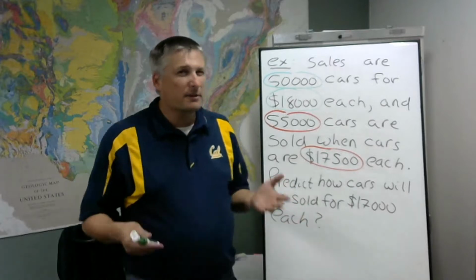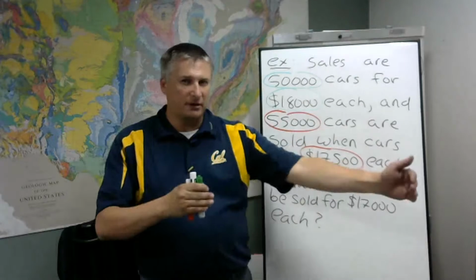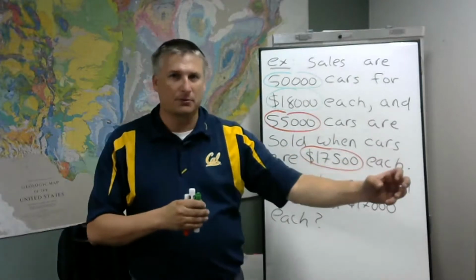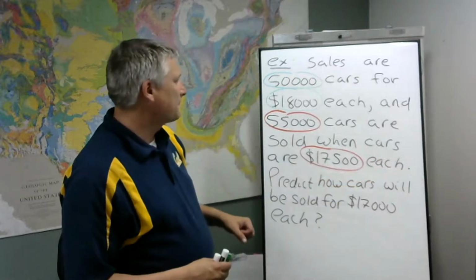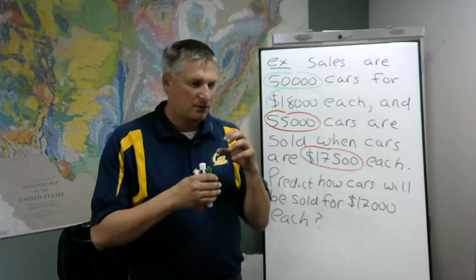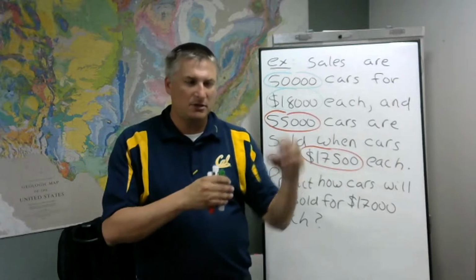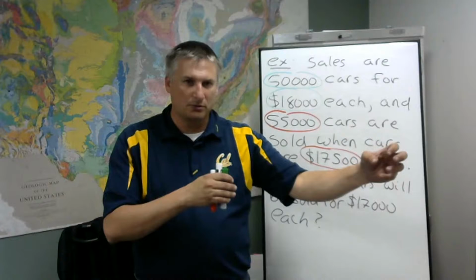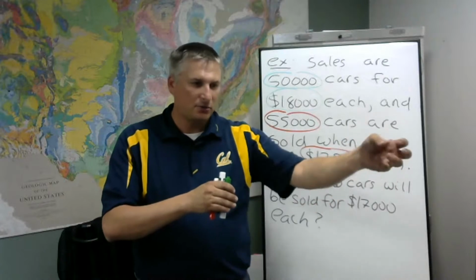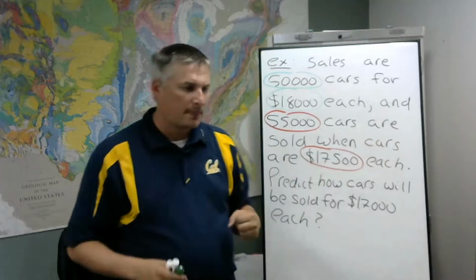And we want to think about this in terms of cause and effect. Is something causing something else? Is the price causing the number of cars sold to change? So if we change price, does that lead to a change in the number of cars sold?